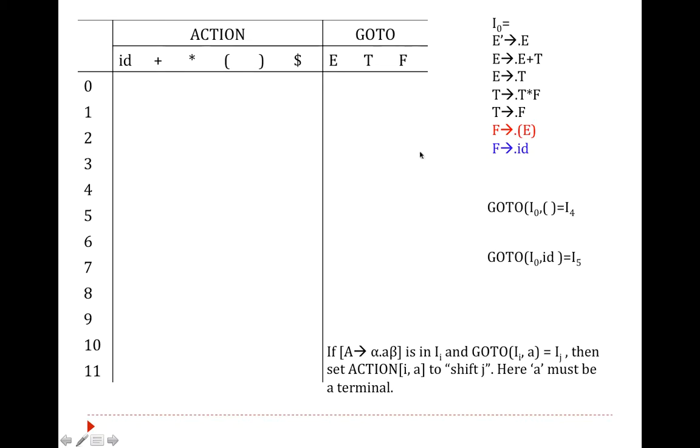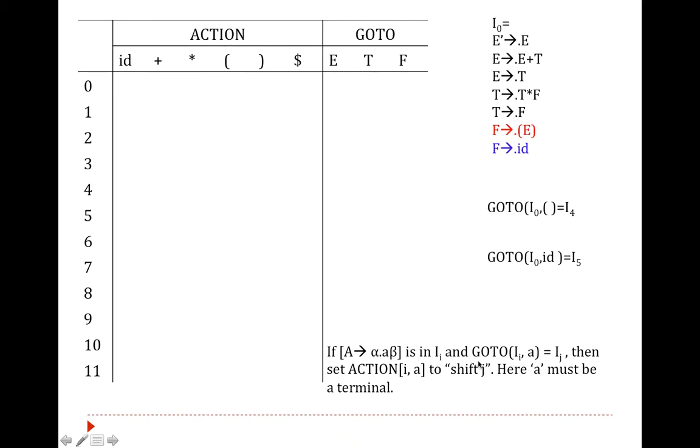Now we relate this with the item. We need to find a terminal with a dot before it. Here these two are the terminals which have a dot before them, so only these two are to be considered according to this rule.